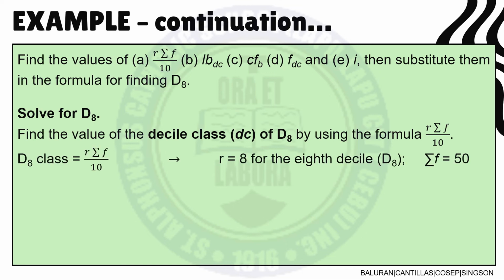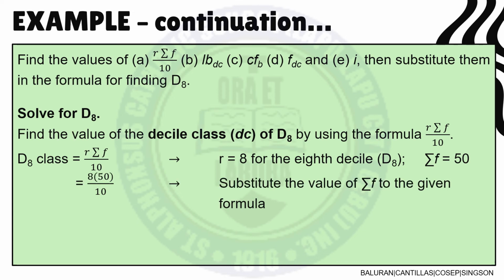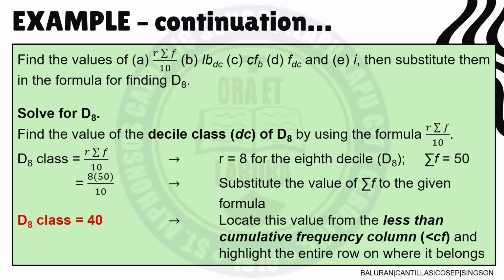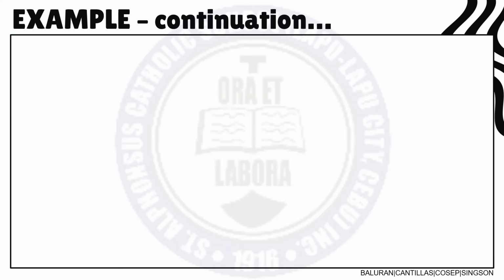So our r here is equal to 8 since we are looking for the 8th decile. And our summation of f is equal to 50. Substitute them to our given formula and then simplify. Thus, our d sub 8 class is equal to 40.